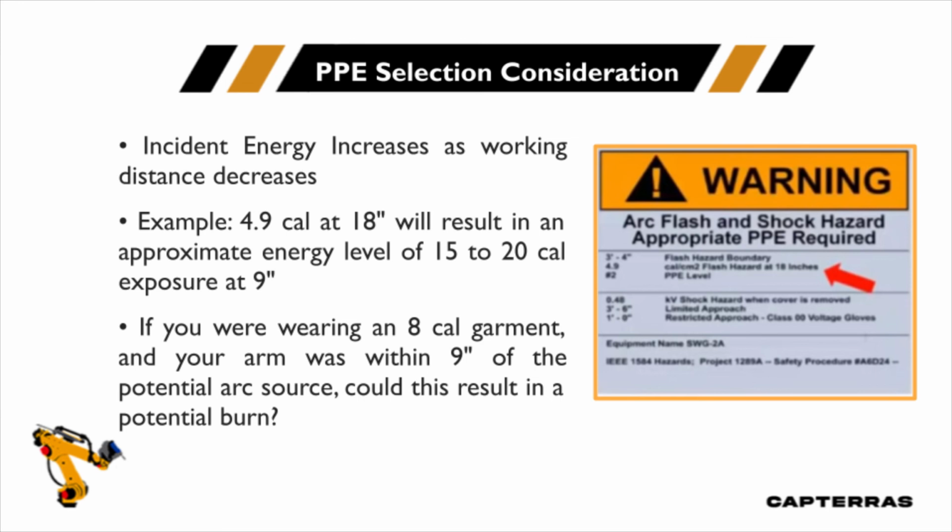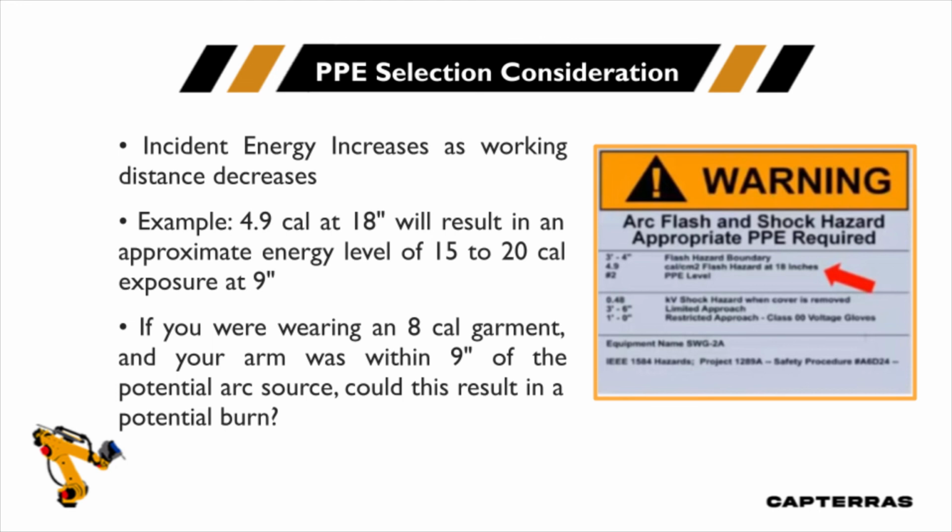Well, if people just walk up and say, oh, this is level 2 PPE, that's an 8 cal system here, and I'm good, I won't get hurt. Well, we're looking at face and chest. Yes, at your face and chest you might be good, but on your arms, I want you to realize you might have exposure to 15 to 20 cals. You're not going to be fully protected, so you should make an educated decision.